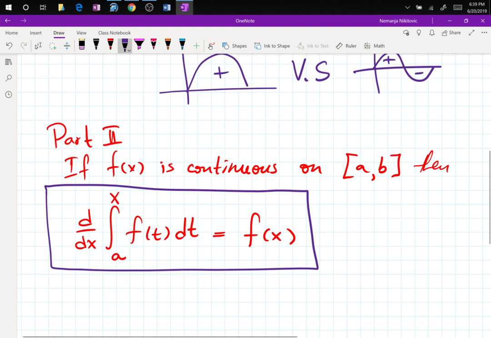Huh? What? Why wouldn't the integral be a to b? It's a to x. We will see why. But please tell me what is going on over there.